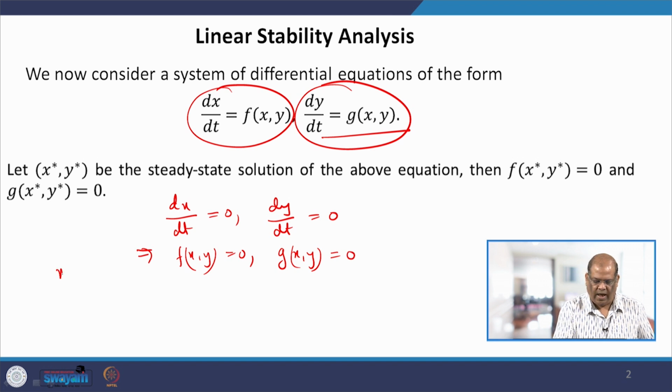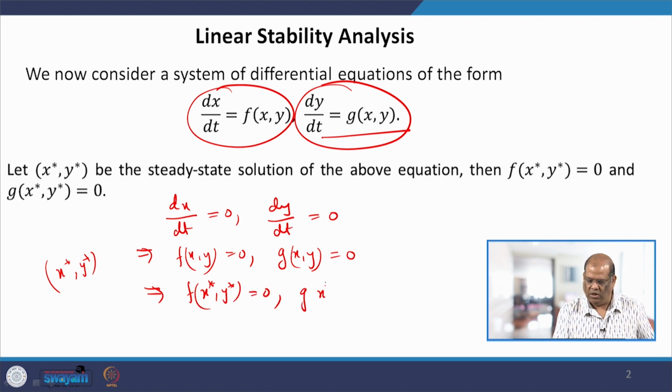And if (x*, y*) is our steady state solution, then if you substitute those two values, obviously g(x*, y*) and f(x*, y*) are both equal to 0.